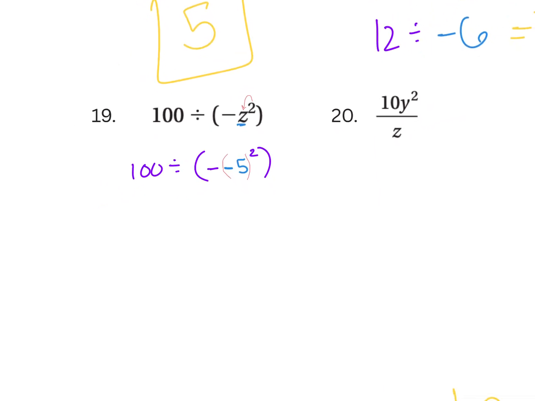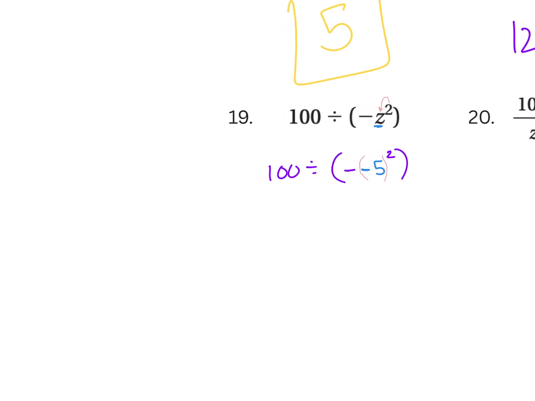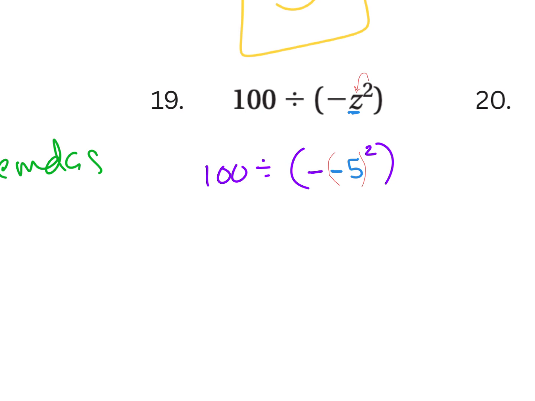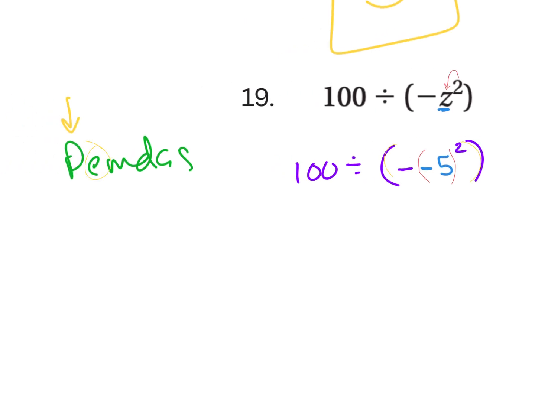So we have to follow the order of operations. Well, there's like 2 sets of parentheses here. There's this one, and then we're going to go inside of that one. Inside of this set of parentheses, we're going to do the exponent first.